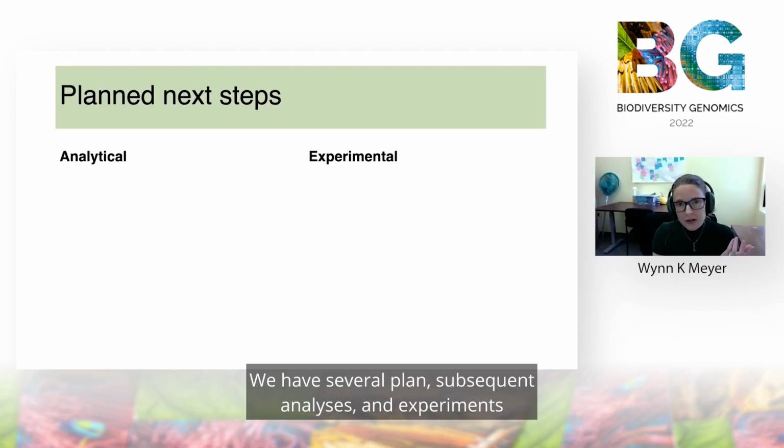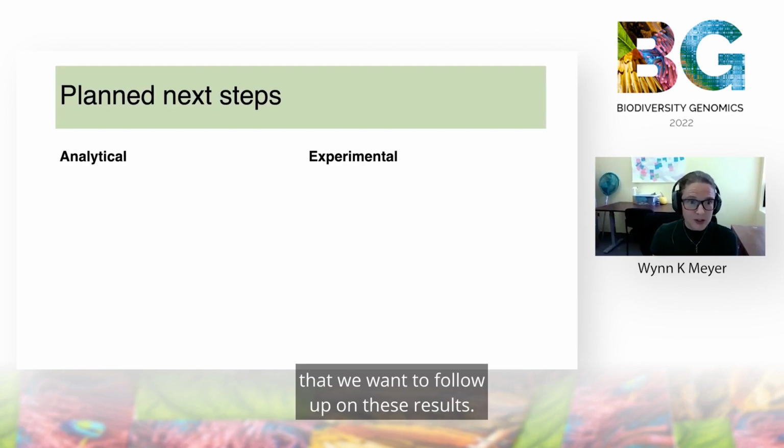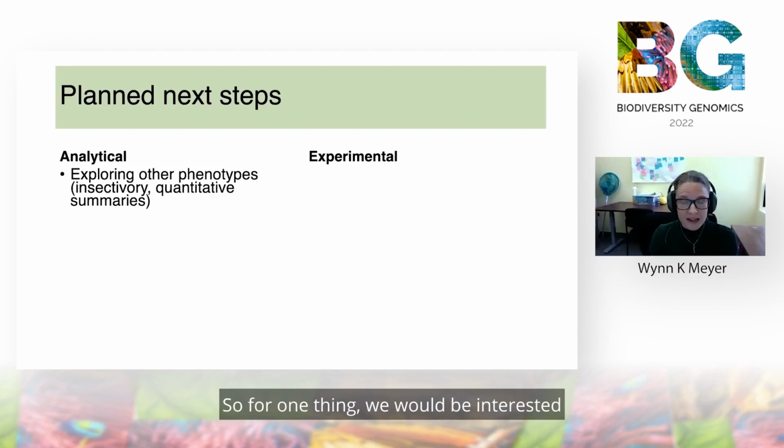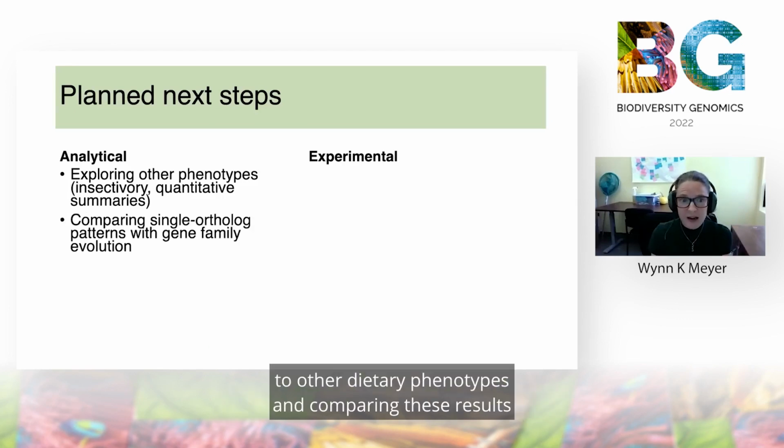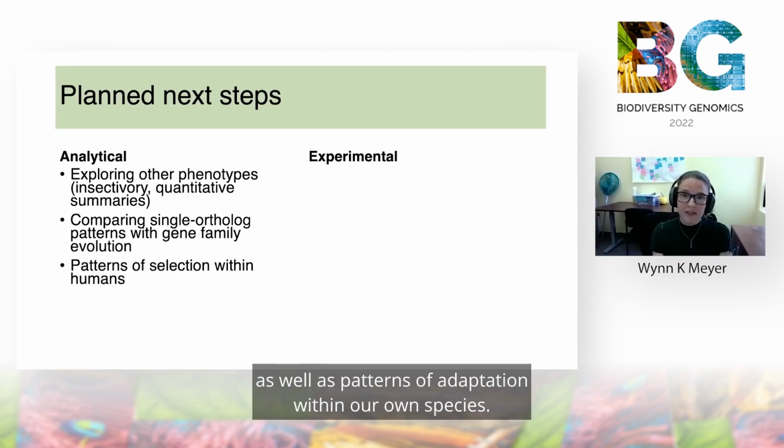We have several planned subsequent analyses and experiments that we want to follow up on these results. So for one thing, we would be interested in expanding our RER converge analyses to other dietary phenotypes and comparing these results with those for single genes versus gene families, as well as patterns of adaptation within our own species.